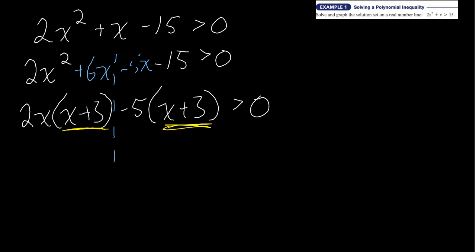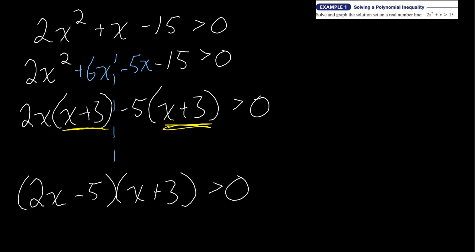So that was the happy accident I was just talking about, and we want to make sure that they are the same. Okay, so once I did factor by grouping, I can now rewrite this as 2x minus 5 and x plus 3.